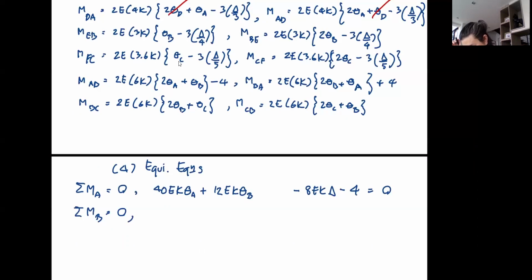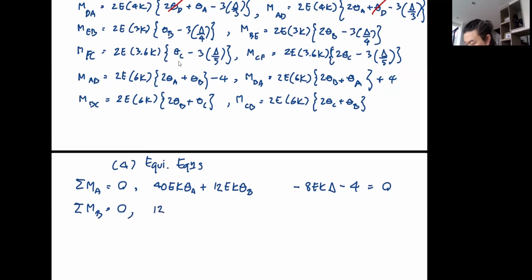And so in the end, sigma MB equal to 0 would give me 12 EK theta A plus 60 EK theta B plus 12 EK theta C, and then minus, say, 4.5 EK delta plus 4 equal to 0.